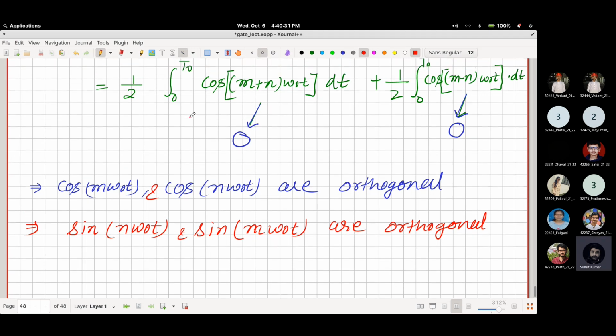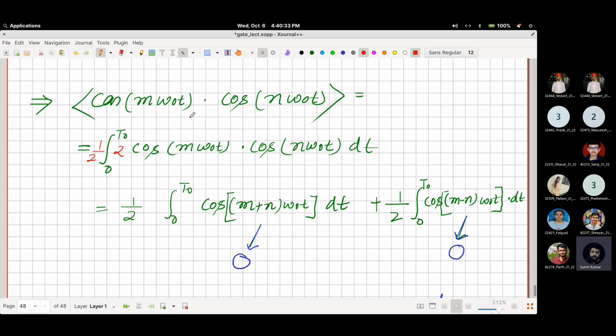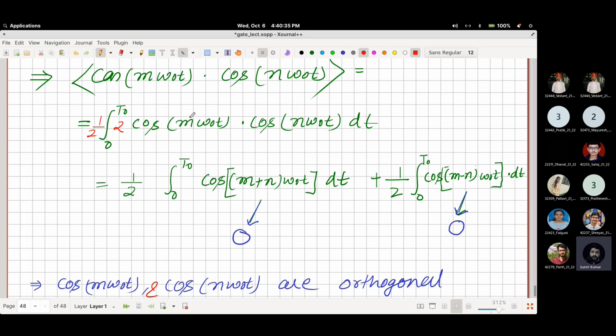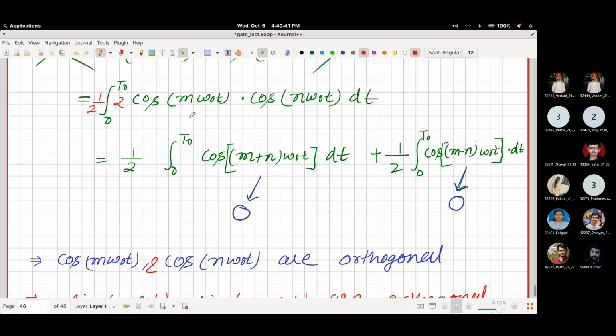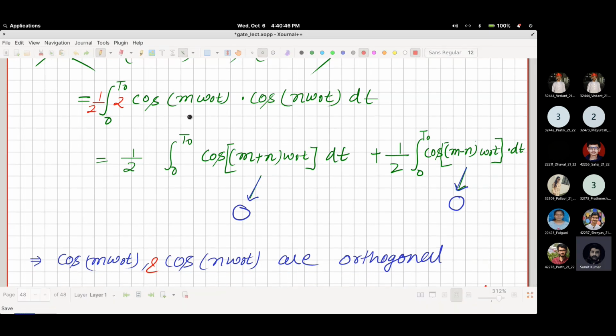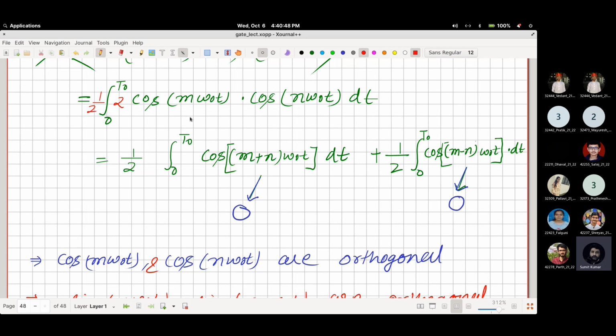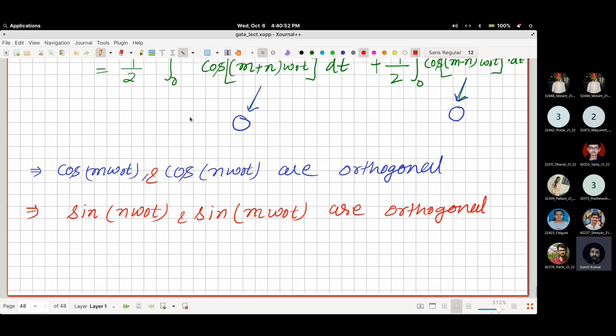If you multiply sine, you will again end up with cos (m plus n) omega naught t, and here instead of plus there will be minus, isn't it? There's only this much change in the formula. So we'll still end up with these two terms. Instead of plus you will be getting minus there. So that will also be zero. Do we all agree on this?